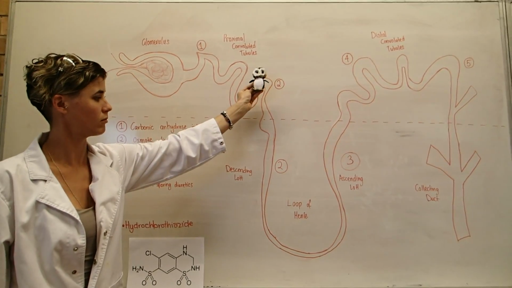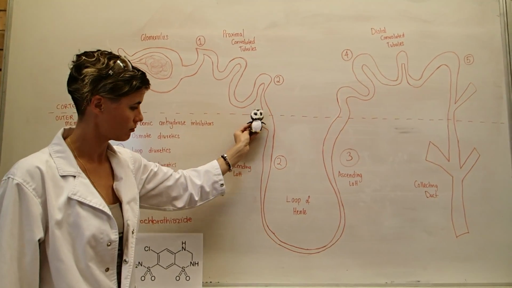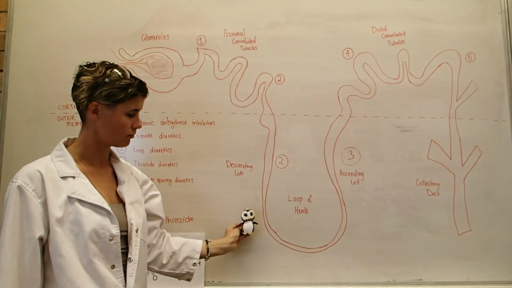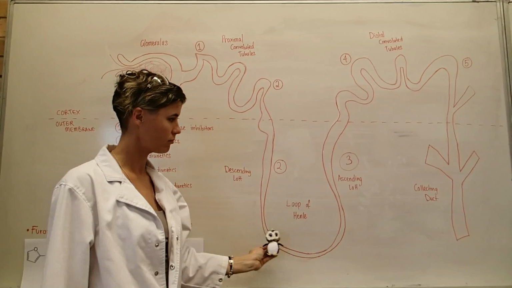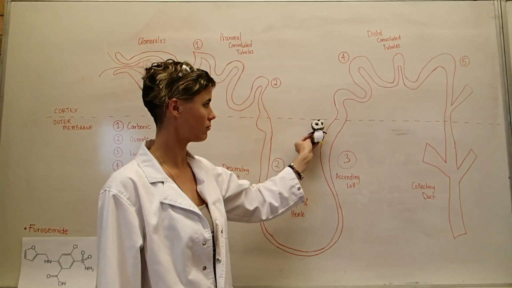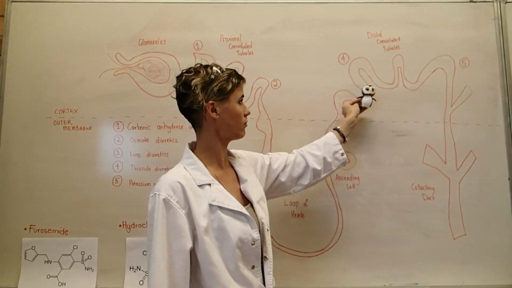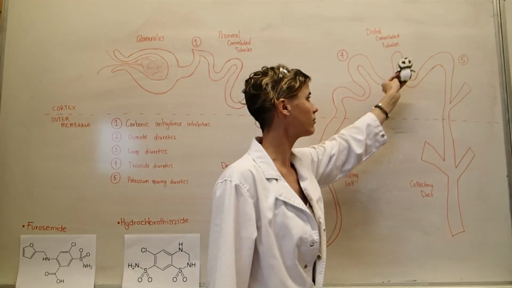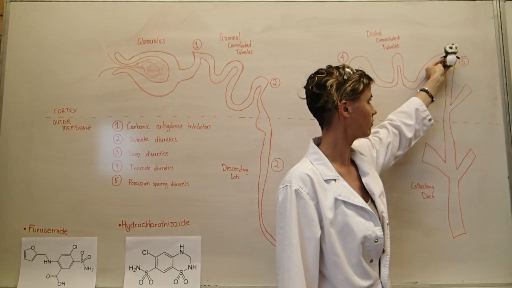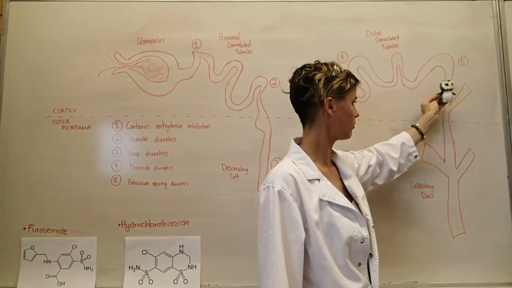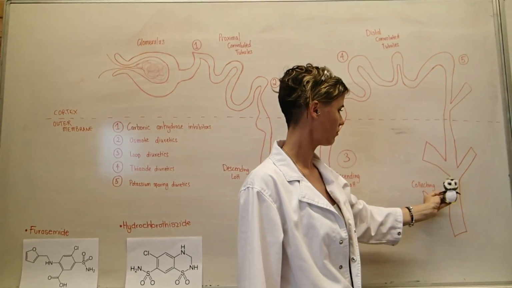The second type are osmotic diuretics, which act on the descending loop of Henle. Next are loop diuretics, which act at the ascending loop of Henle. Then we have thiazide diuretics, which work on the distal convoluted tubules. And finally, we have got potassium-sparing diuretics, which block sodium channels in the collecting duct.